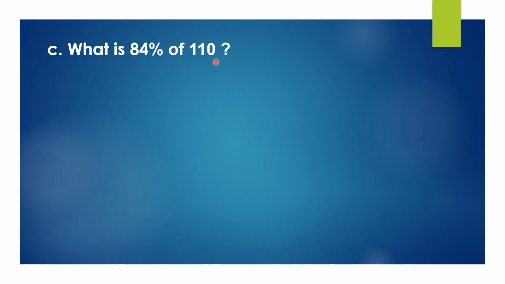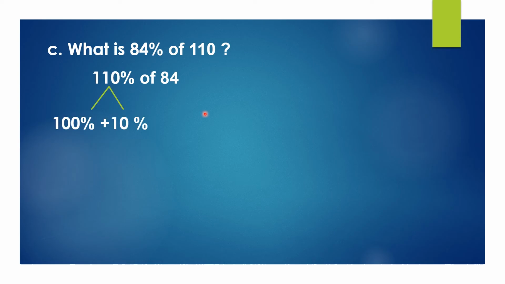What is 84% of 110? We will apply the same rule. Now we will consider this as 110% of 84. So how to find 110%? The general method is 110 by 100 into 84 and we reduce. But here we will use a splitting method. So 110 I will write as 100 plus 10% of 84.